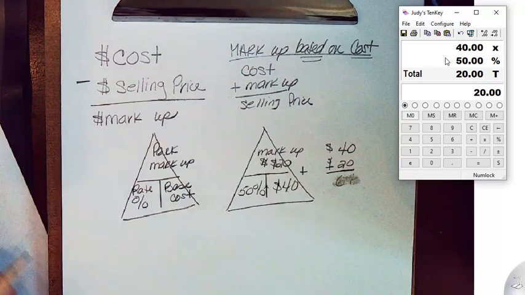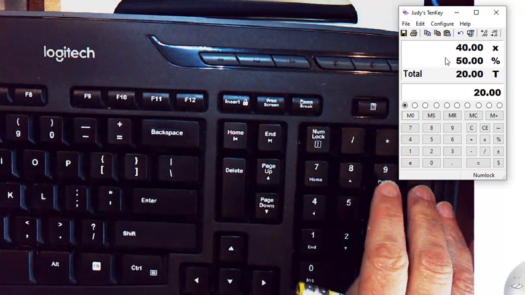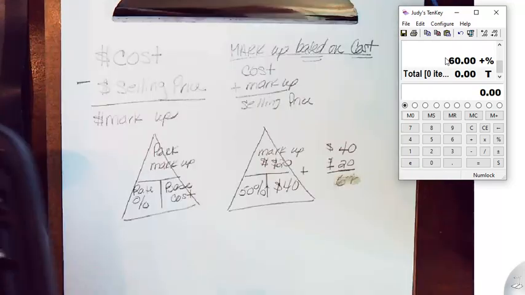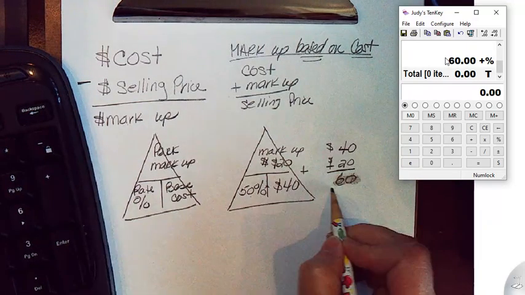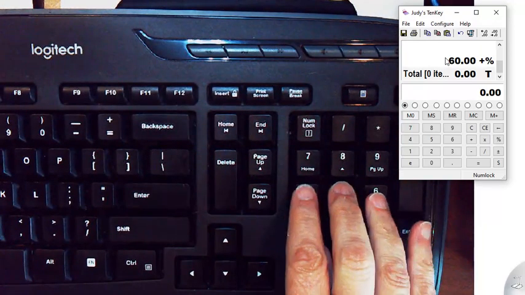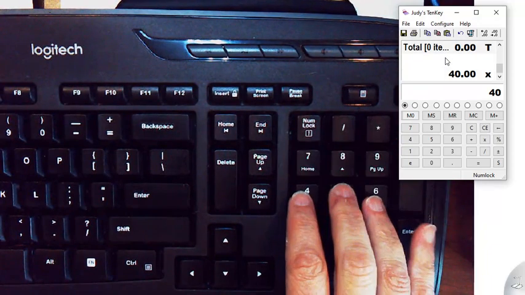Let's do it over here. If I hit my plus, yeah, 60, the machine knows to add it. Okay, so my cost 40 times my markup rate, which is a percent.